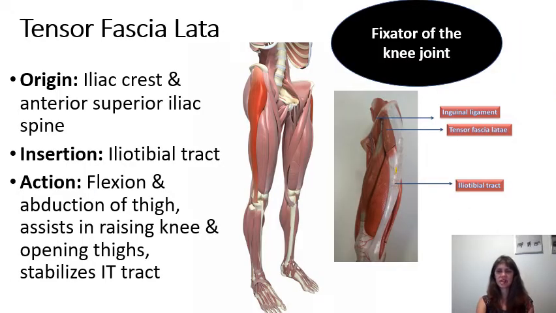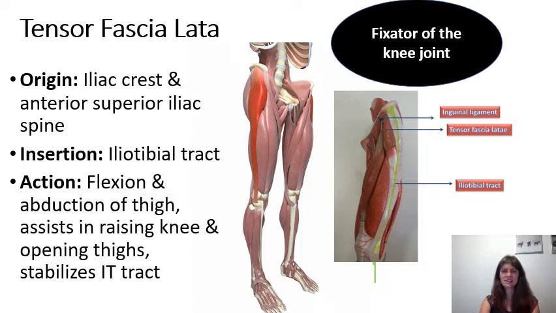I mentioned earlier that I would talk about the iliotibial tract. The iliotibial tract is a band of connective tissue that extends from the ilium all the way down past the knee to the tibia. The iliotibial tract has embedded within it a muscle known as the tensor fascia lata.